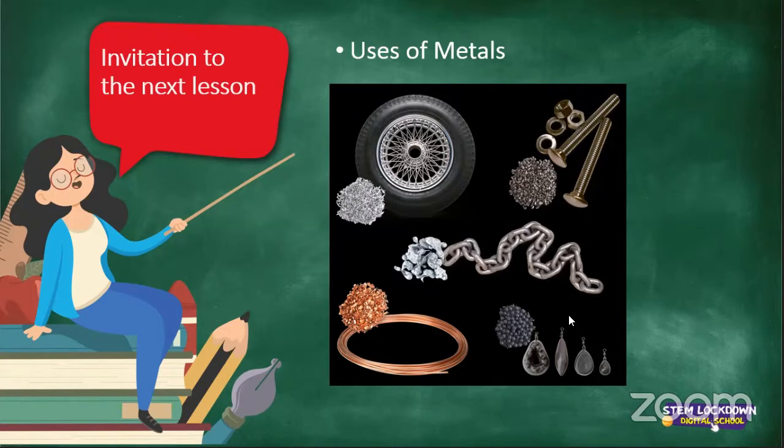Then you have earrings made out of metal, and copper wire. The copper wire is inside your wires at home, surrounded with plastic rubber tubing, and it's a good conductor of electricity.